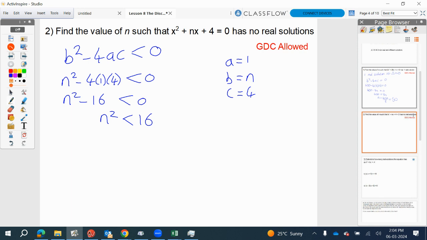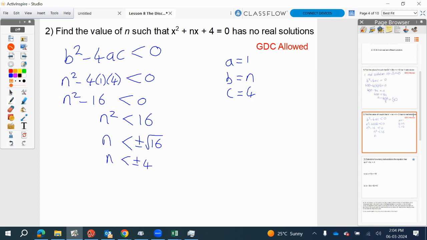When we square root both sides, you know we have the plus minus? We can't have this. It can't be this, because this would be n is less than plus and minus 4.